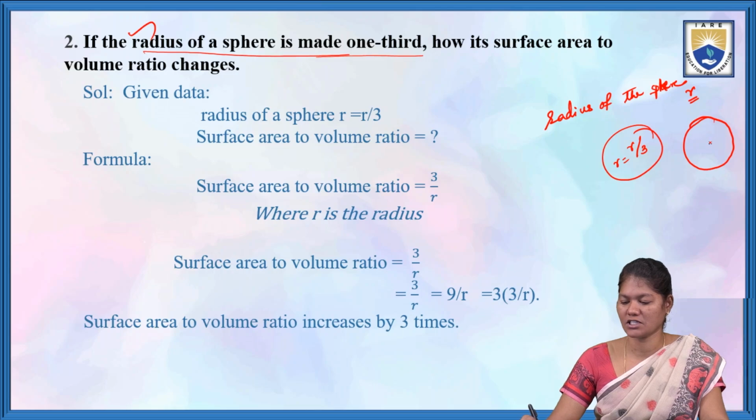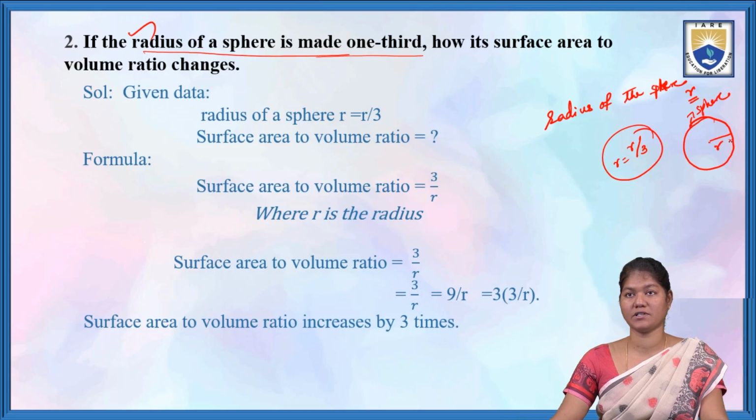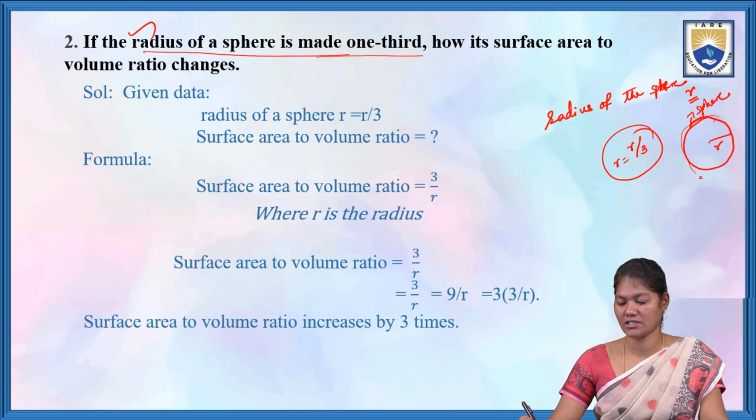So this is the sphere, and the radius of the sphere is r. It is reduced, and the sphere is made 1/3 of the radius, so that it is r by 3.